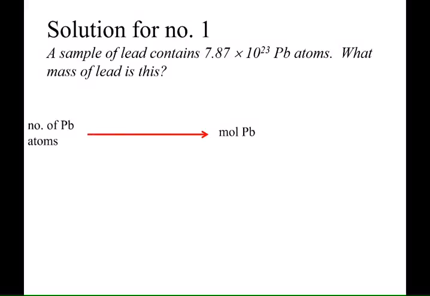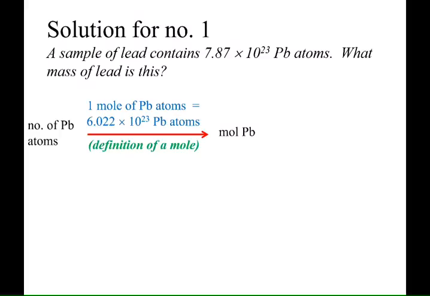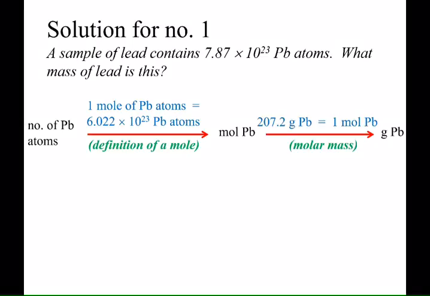We're going to go from number of atoms to moles of lead using Avogadro's number. 1 mole of atoms is equal to 6.022 times 10 to the 23rd atoms. Once we have moles of atoms, we can go to grams of material by using the molar mass of lead. And we said the decimal number for lead is 207.2, and that would be grams per mole.